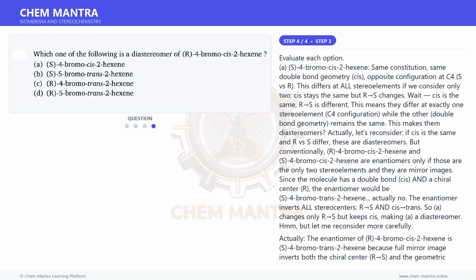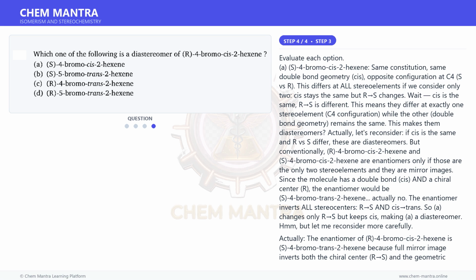Hence they are diastereomers. Options B and D involve 5-bromo-2-hexene, which is a different constitutional isomer, bromine at C5 instead of C4, so these are constitutional isomers, not stereoisomers, and cannot be diastereomers.